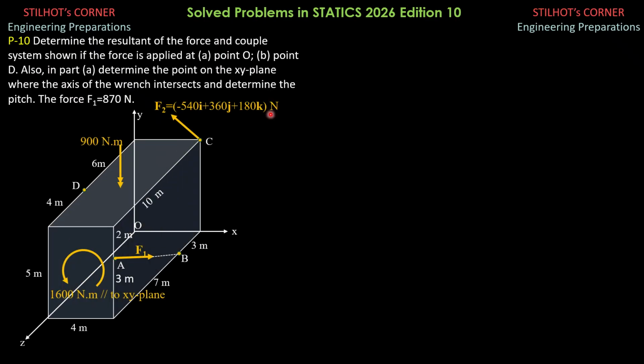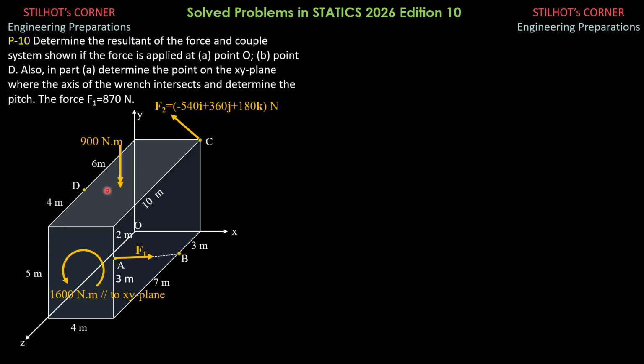Here is the figure. Upon observation, there are two forces, F1 and F2, which will combine and add to give the resultant force. And there are also two couples. We will call this couple 3 and it is simply negative 900j because the double arrowhead is pointing to the negative y direction.